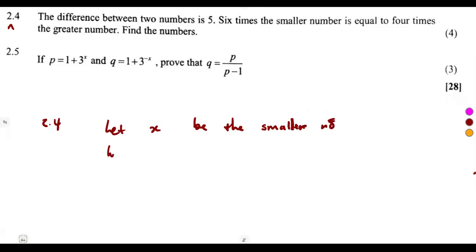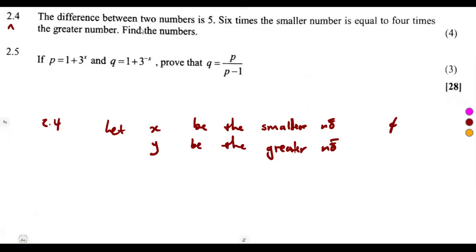And Y be the larger one or the greater one, which is the greater number as we are having our numbers there. So at least it can help us to simplify. The difference between two numbers is 5.